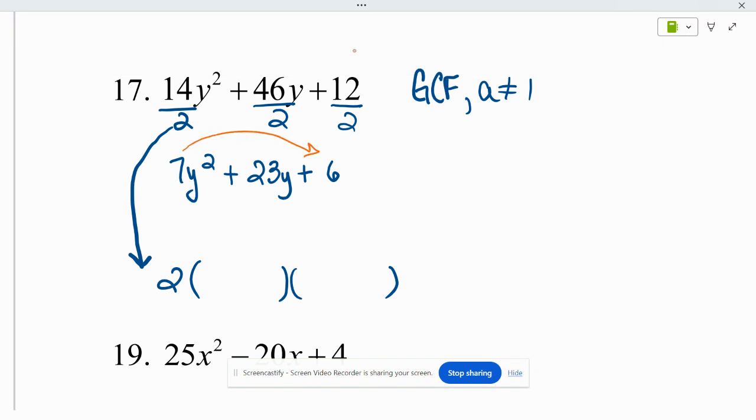Yep. So I have y squared plus 23y plus 42.